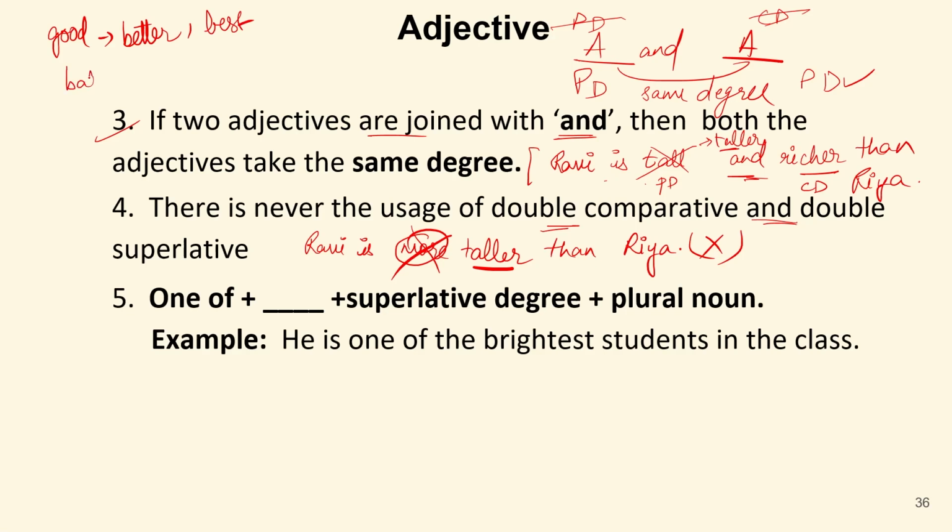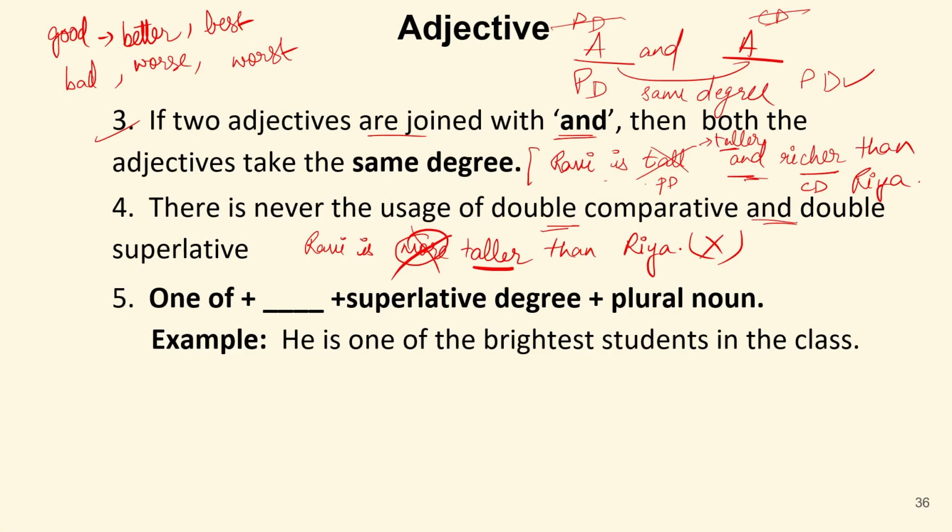For bad, the positive degree, then worse, then we have worst. So these are some predefined words in which we have positive degree, comparative degree, and superlative degree. We cannot use more better. Better means two things are being compared.